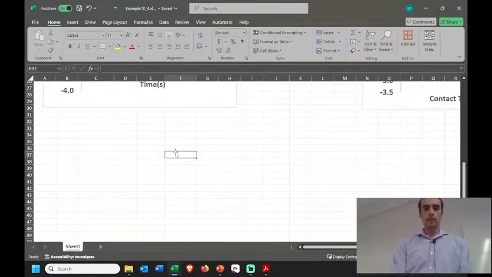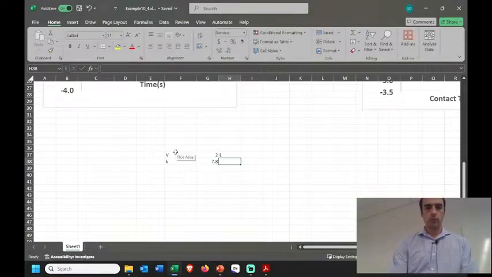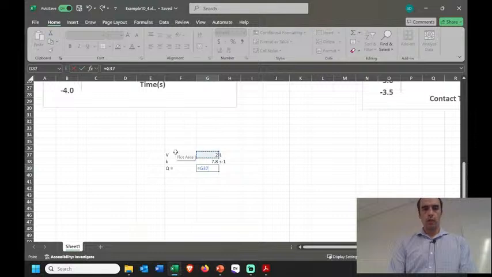We'll say the V was 2 liters. k was 7.8 per second. And Q will be equal to that volume times k divided by 999.